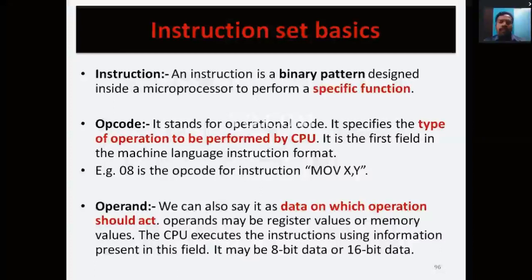What is binary? Binary means 1 or 0 in the form of numbers. The microprocessor performs specific operations, and the performance is based on the instruction given by the programmer.